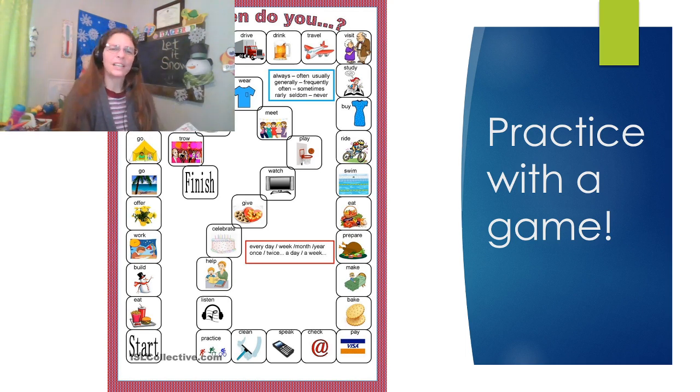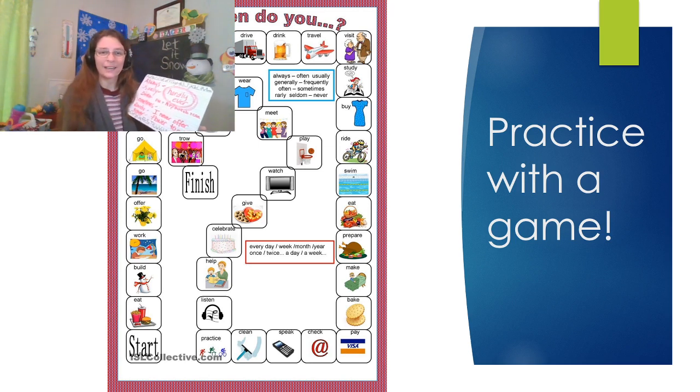I don't know who to give flowers to. Maybe I should give them to my daughter or one of my daughters. But maybe if you are a husband, you offer flowers to your wife every week. Then you would say, I usually offer flowers to my wife on Fridays or once a week.